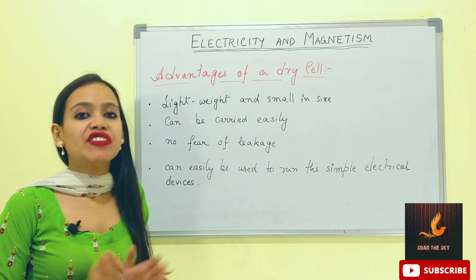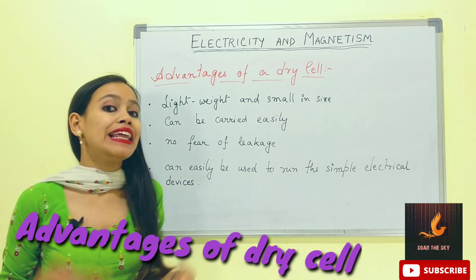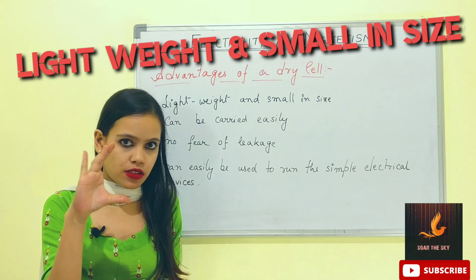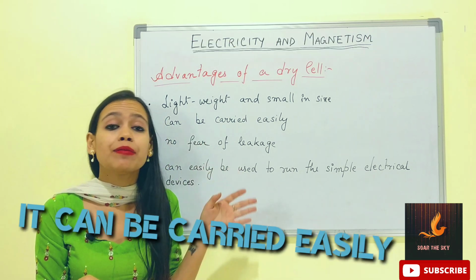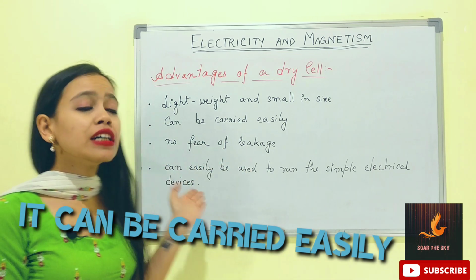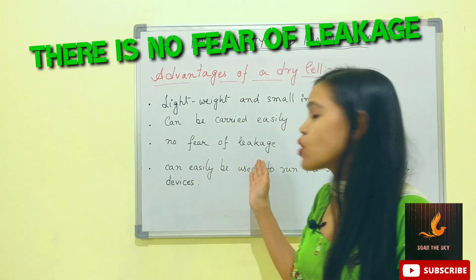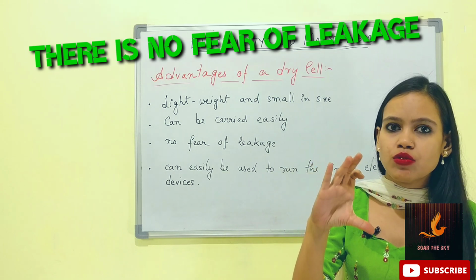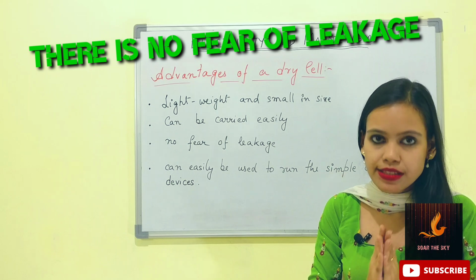What are the advantages of a dry cell? The first one is it's extremely lightweight. It's very light and small in size. It's not huge. Hence, it can be carried very easily, which is the second point. The third point is there is no fear of any kind of leakage from the dry cell, of the electrolyte or the solution or the paste which is there inside the dry cell.